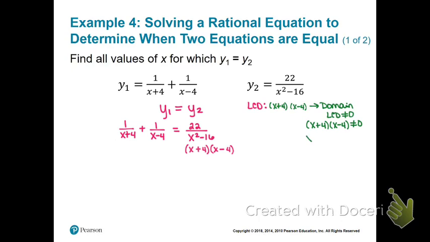Because they're being multiplied. So x plus 4 cannot equal 0, and x minus 4 cannot equal 0. And then solve them both. So x cannot equal negative 4, and x cannot equal positive 4. So any answer except positive or negative 4 is good.